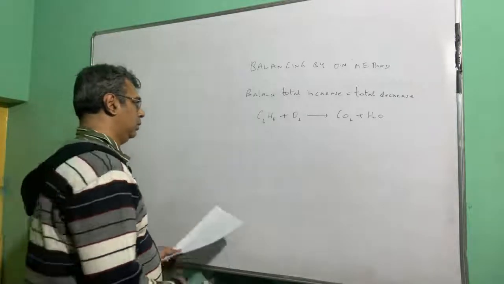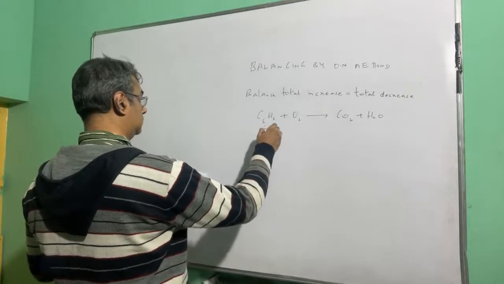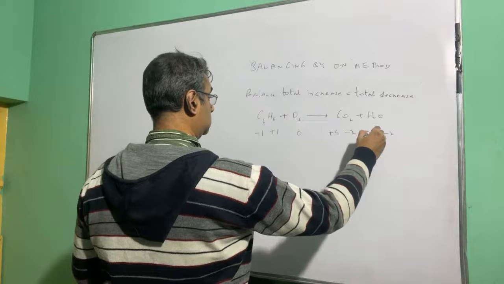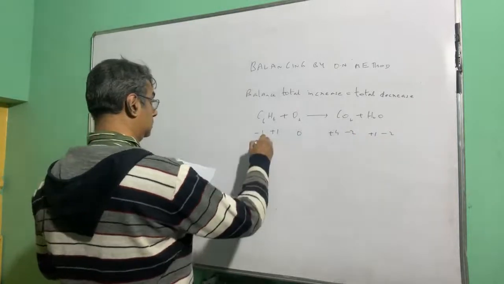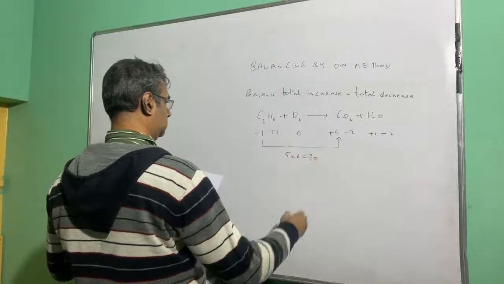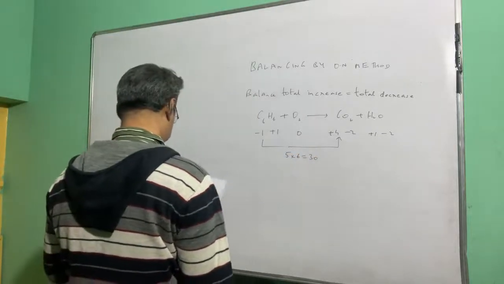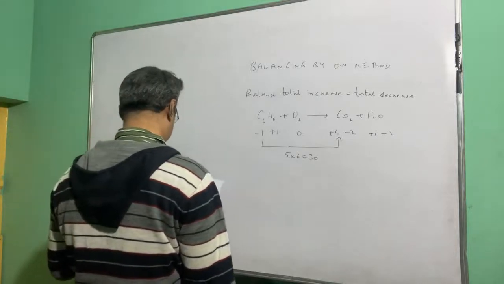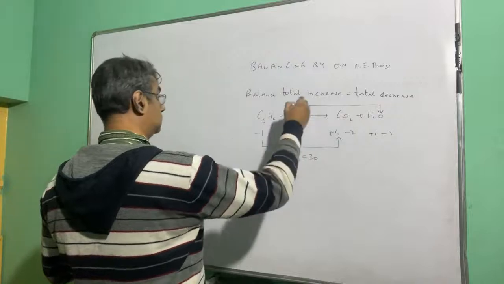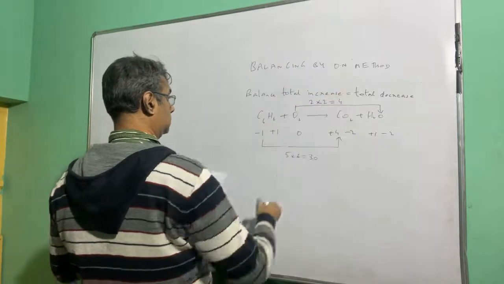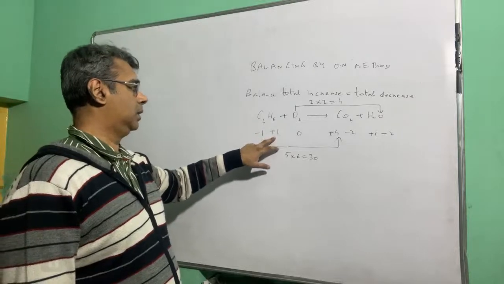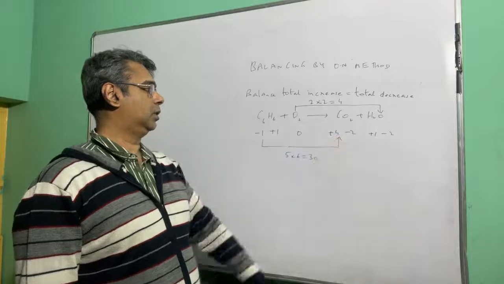Let's see this one. In C6H6, carbon is -1, hydrogen is +1, and in CO2, carbon is +4, oxygen is -2.